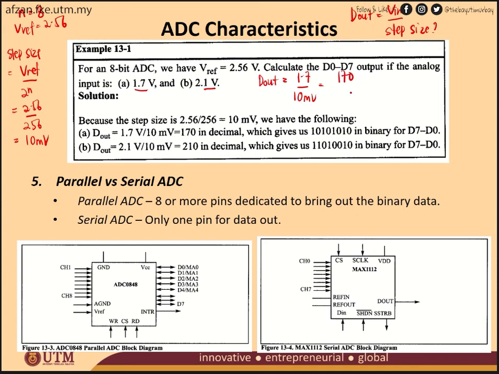If you convert to binary, you will get 10101010, which is equivalent to AA. So this is the digital output of this 1.7 volt V input. Now let's say that you have 2.1 volt. D out equals 2.1 divided by 10 millivolt, and you will get 210.